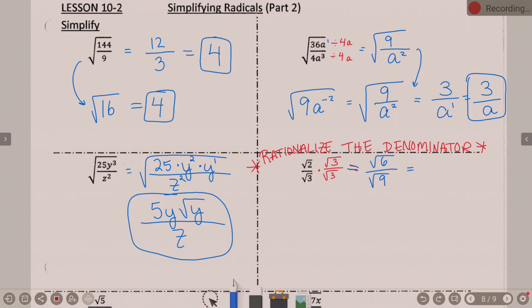But what do you know about the square root of 9? It's a perfect square. Square root of 9 is 3. Square root of 6 is still square root of 6. Your final answer is the square root of 6 over 3.